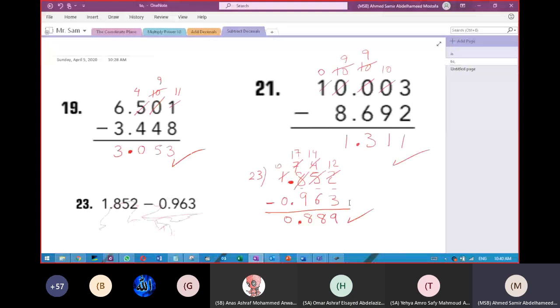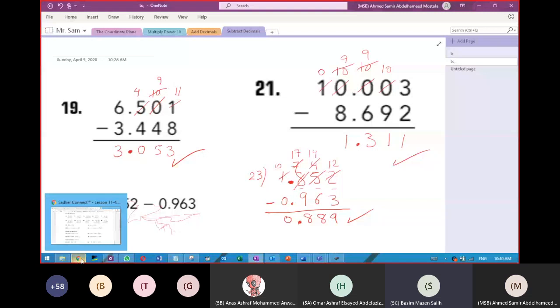Number 19, or what did you say, Omar? 23. 23 is 0.889 thousandths. Got it? Yes. Do you have any difficulty with it? No, I just thought it was wrong. No worries.